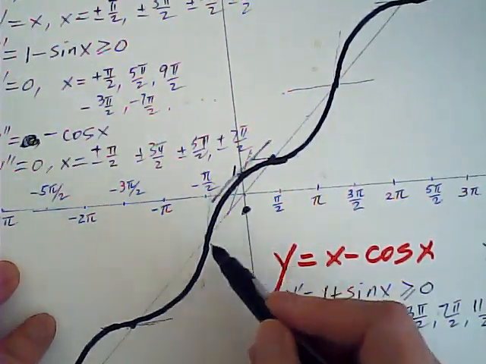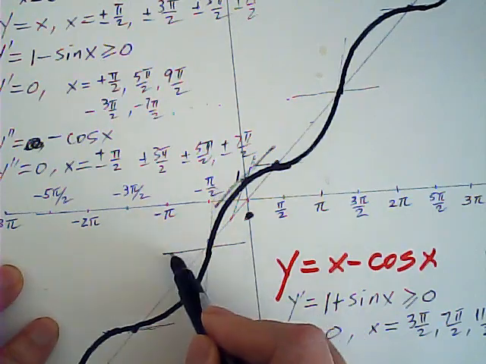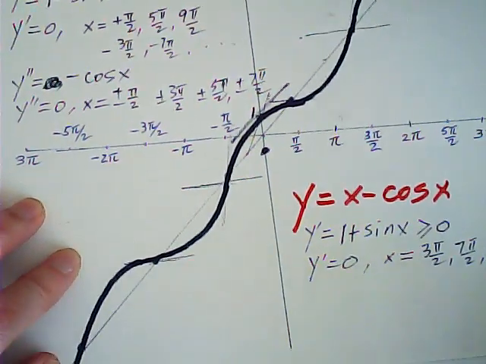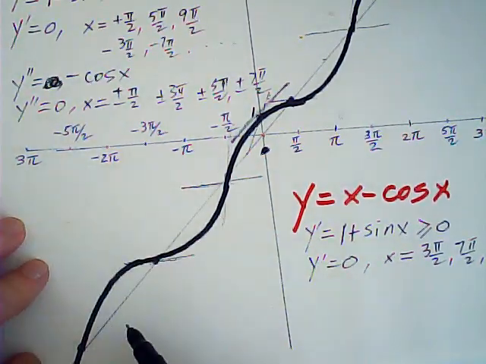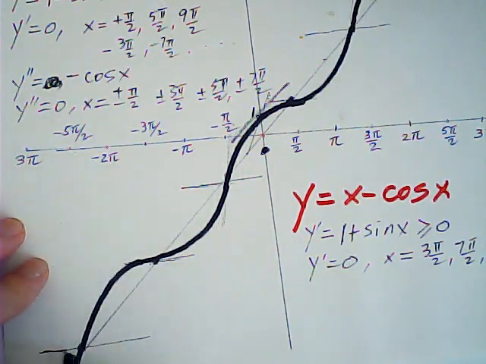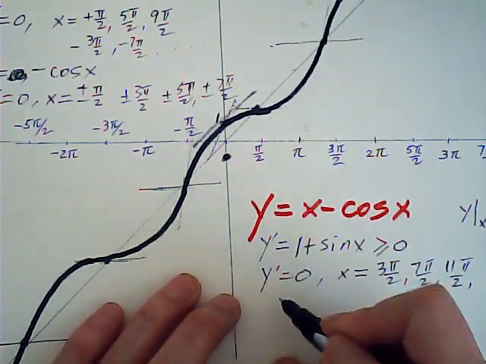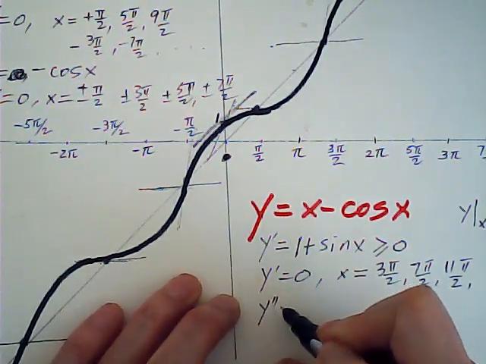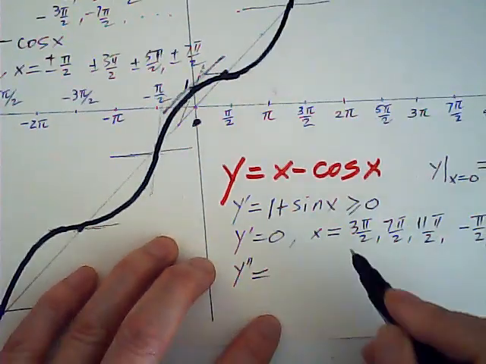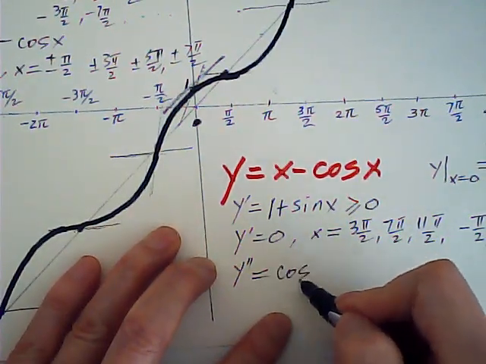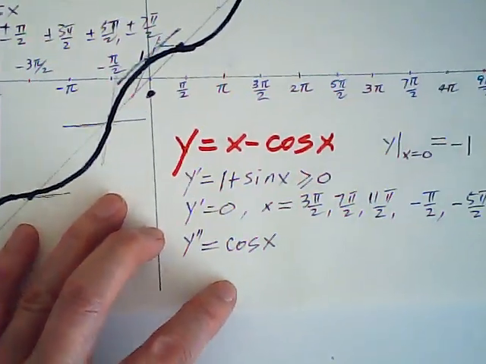Negative half pi, tangent line is horizontal. 5 pi, okay, horizontal. Okay, that's good. Now, the second derivative is equal to cosine x, right?